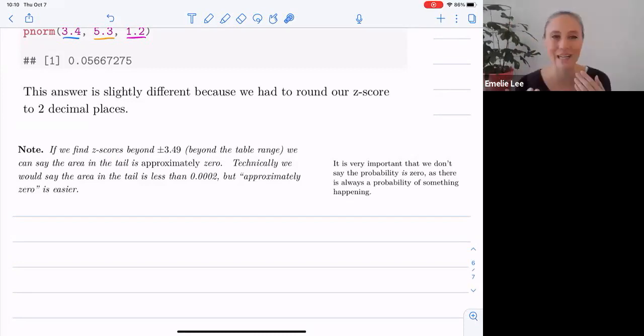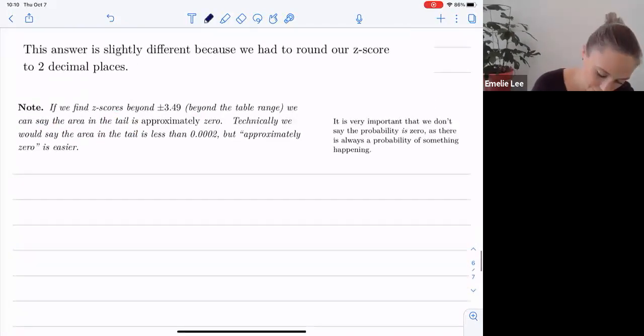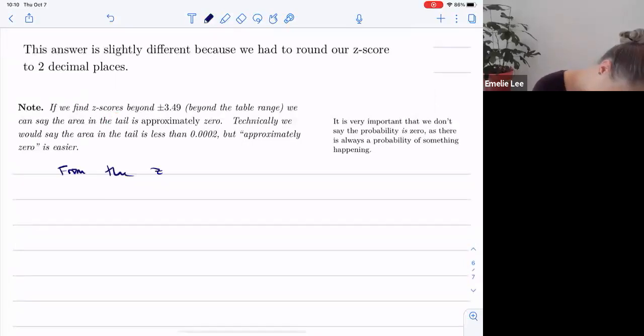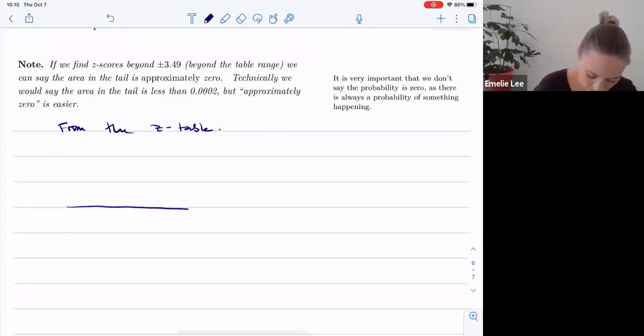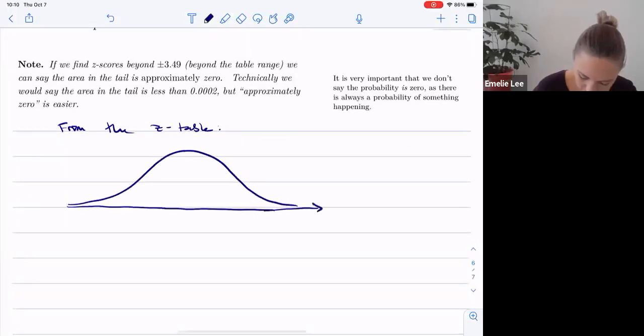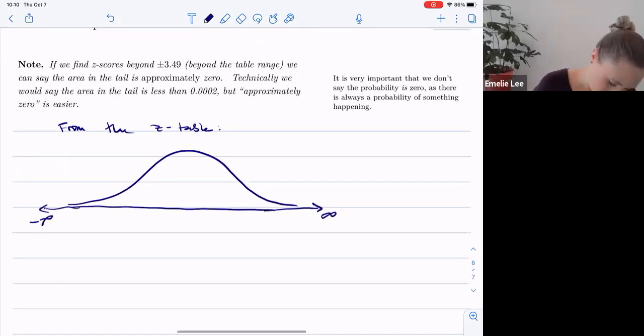Of course, if you're working in R, it can handle it. It can find those probabilities. But if we're working with the table, then what we can say is the area in the tail is approximately 0, right? Because from the Z table, we saw that already. We know that Z keeps going to positive infinity and negative infinity.